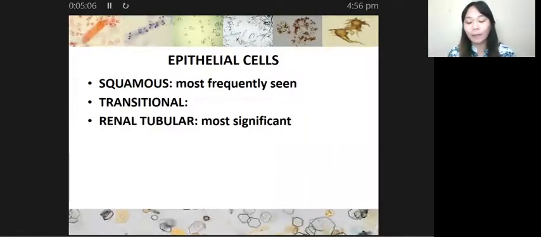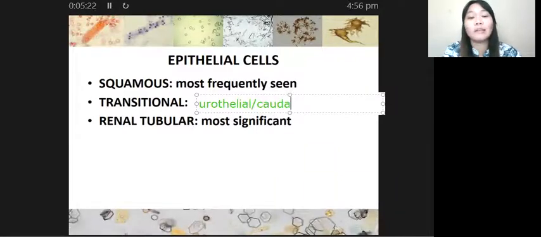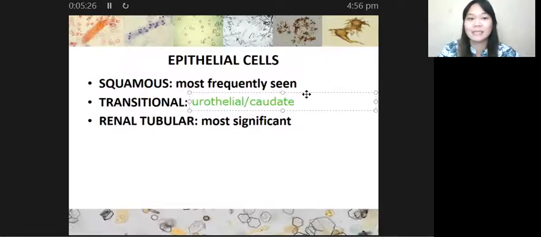Your transitional epithelial cells, they may otherwise be referred to as your urothelial cells. Sige, lagay natin ha. Okay, so they are otherwise referred to as your urothelial cells, or they may also be referred to as your caudate cells. Okay?